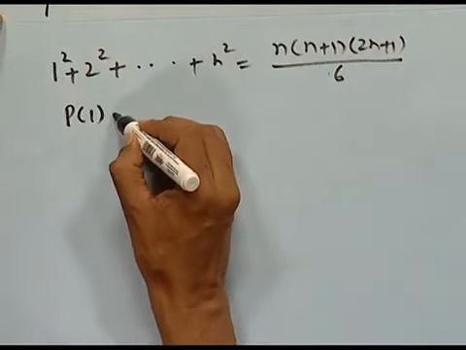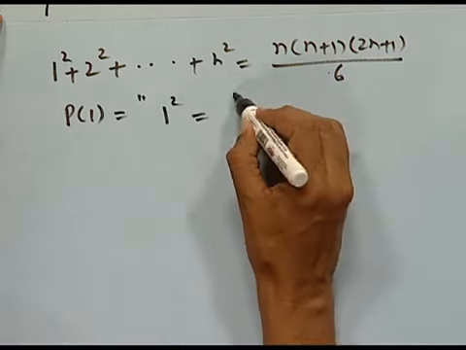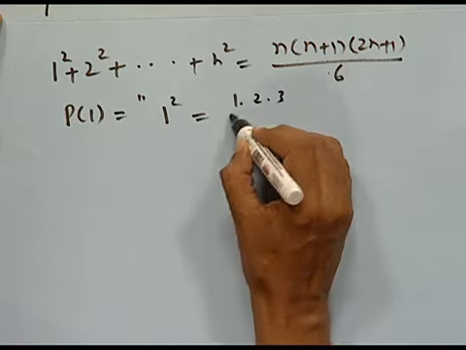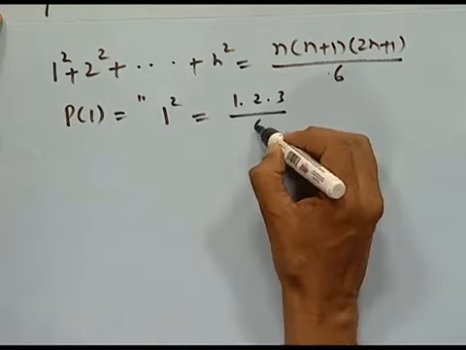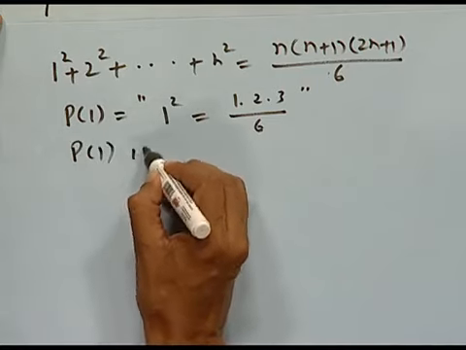Again, we first verify P(1), that is 1² equals 1·2·3/6. This is true. Thus, P(1) is true.